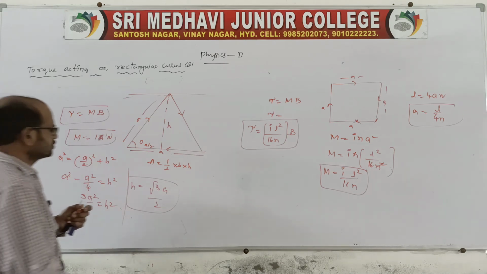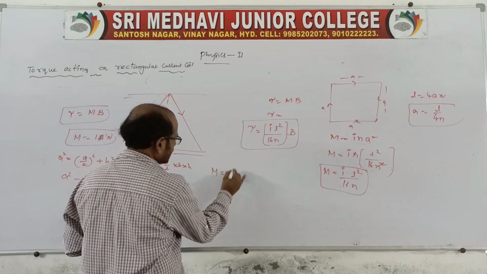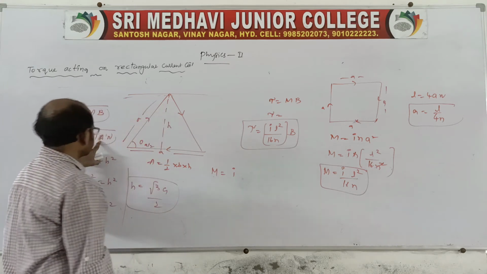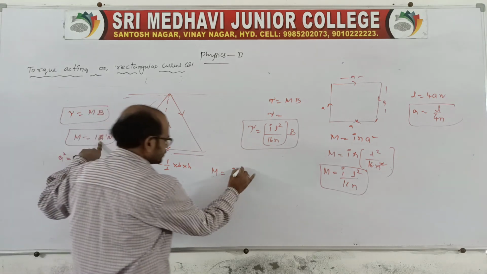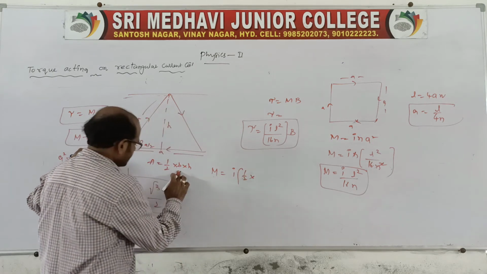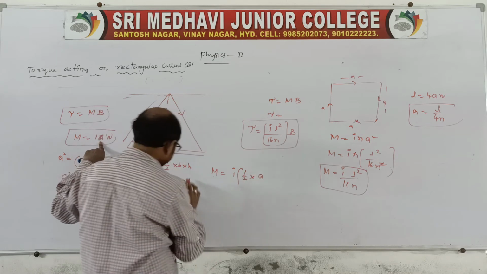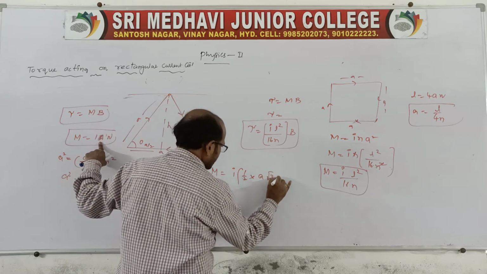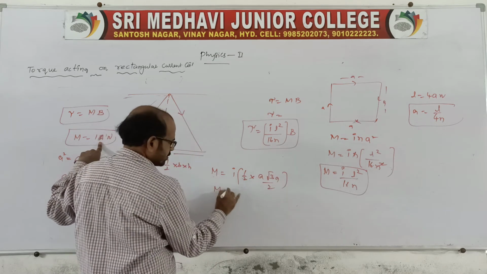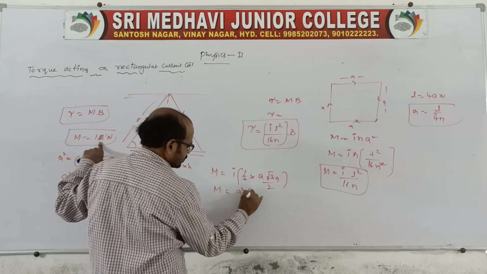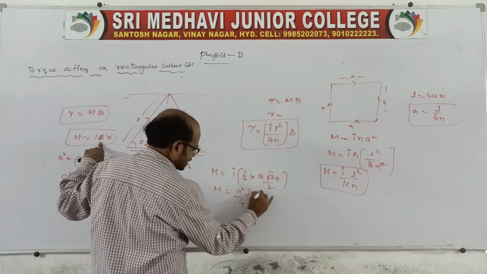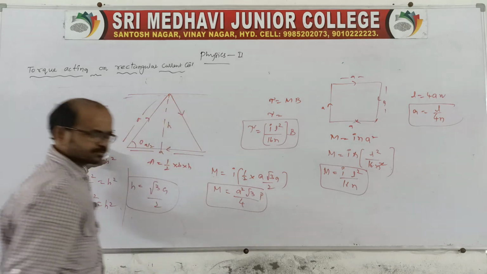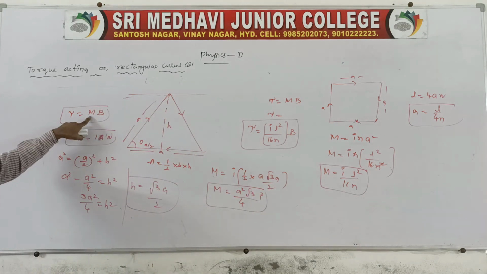Now get again momentum, capital M is equal to I into A value, that is area of the coil, half into base into, base will be A, and your H value, that is root 3 A by 2. So that capital M is equal to A square root 3 by 4 into I. This is the capital M. Now you come here, capital M you write here, will get the torque.